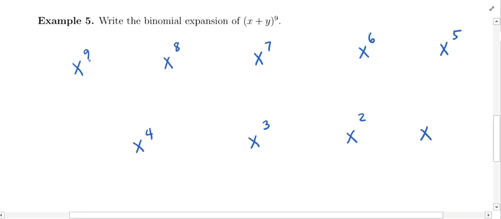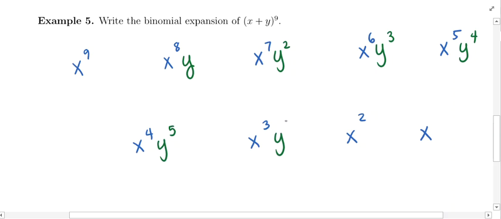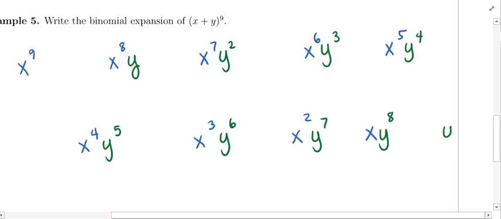This first term will not have a y. It will start in the second term with just a y. And then our powers of y increase by 1 until we get to the last term, which should be y to the 9th. So this last term will be just y to the 9th. It won't have any x's.